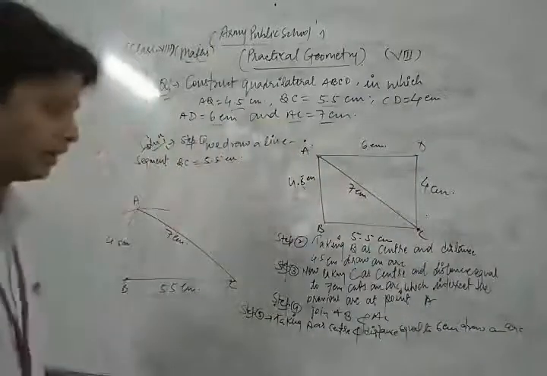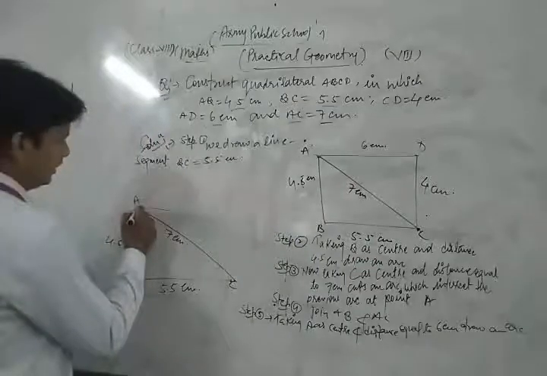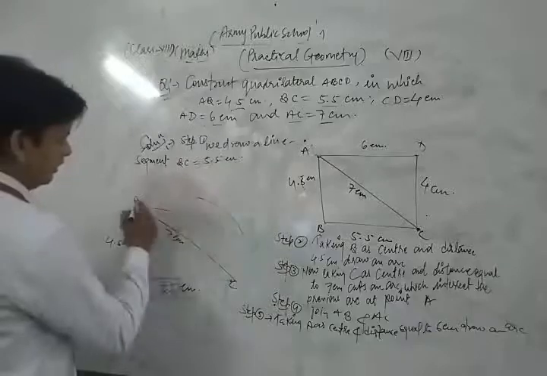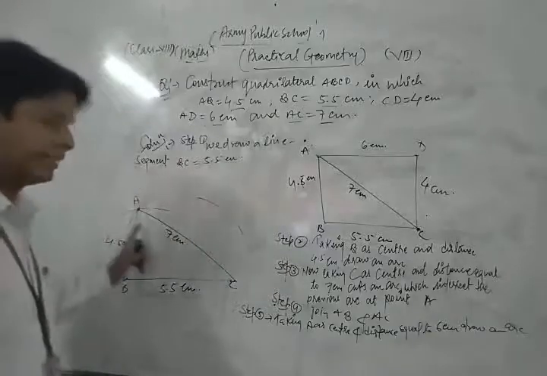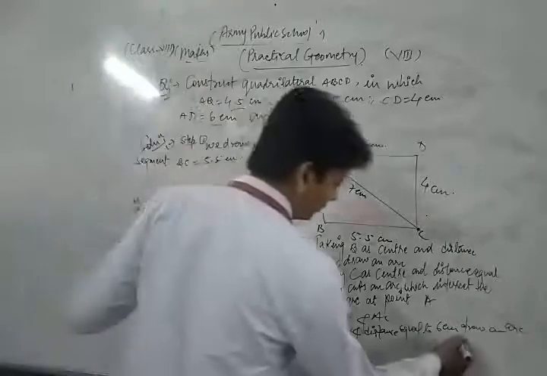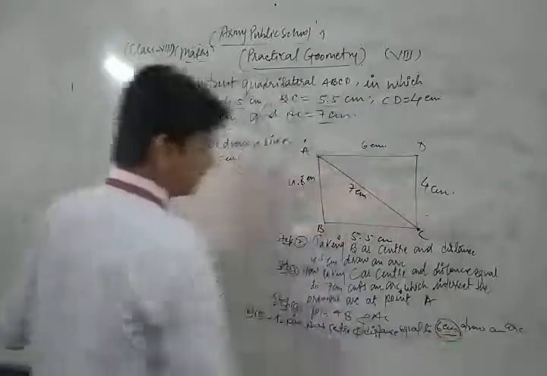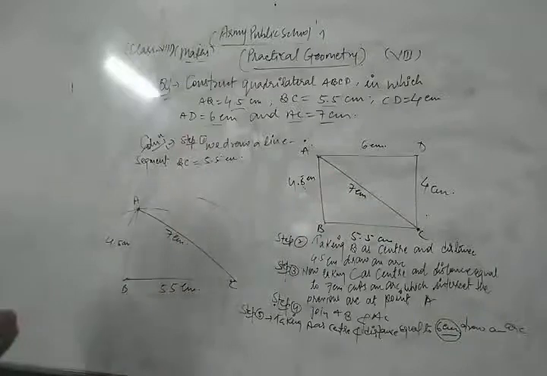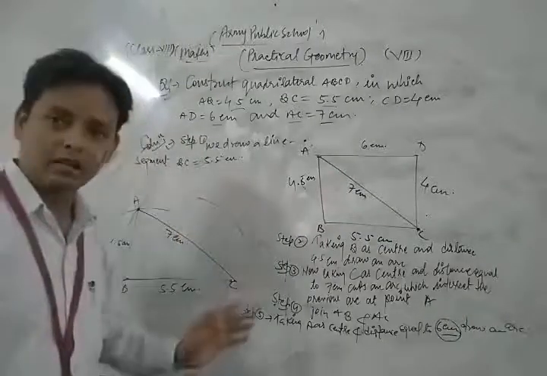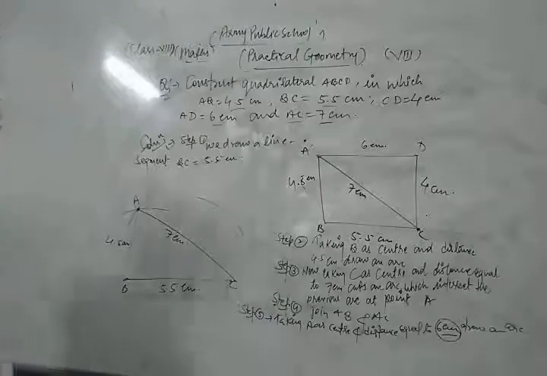Let's see, A as center and distance equal to 6, draw an arc in this way. Taking A as center and distance equal to 6 centimeter, draw an arc. Now what do I do?